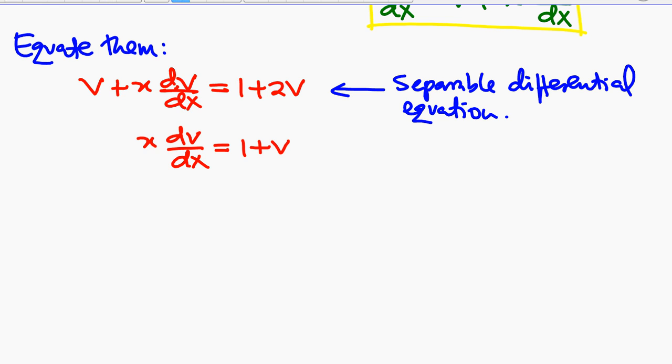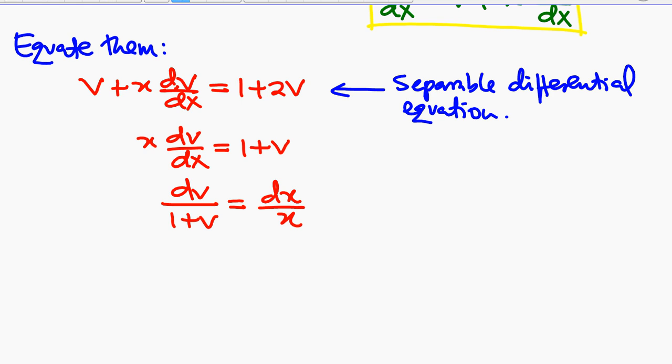So this is the same as x dv, or we can just separate the variables in one step, and what we'll end up with is dv over 1 plus v is equal to dx over x, right?